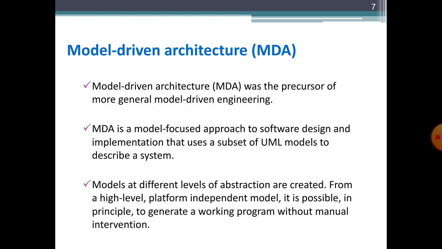Model driven architecture is the ancestor, or precursor, of the more general model driven engineering.